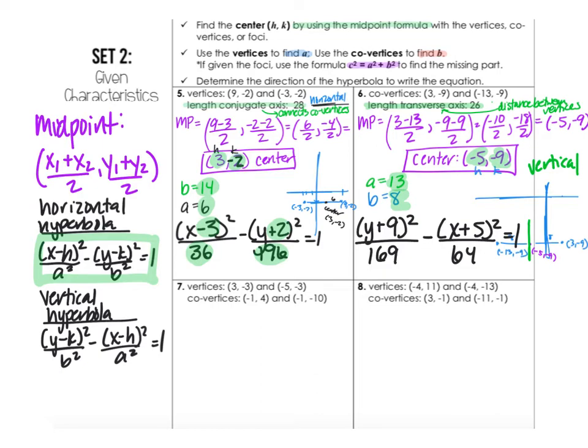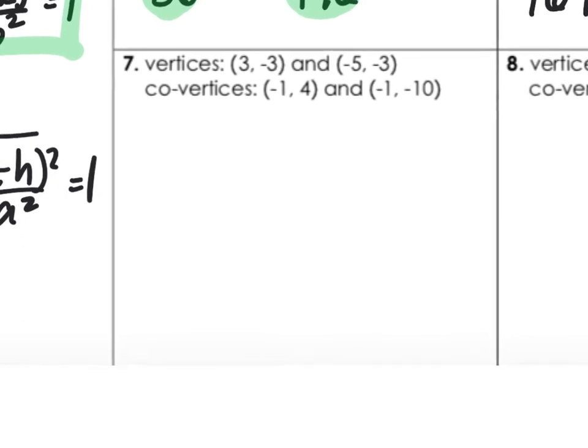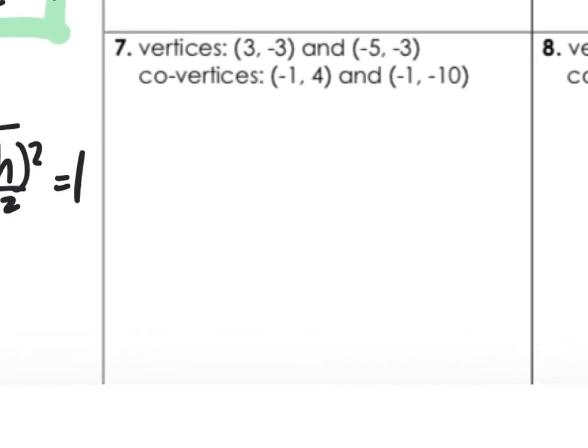All right, number 7. So in number 7, we are given the 2 vertices and the 2 co-vertices. So we can start this the same way we have all of the other ones, with the midpoint to find the center using the vertices.